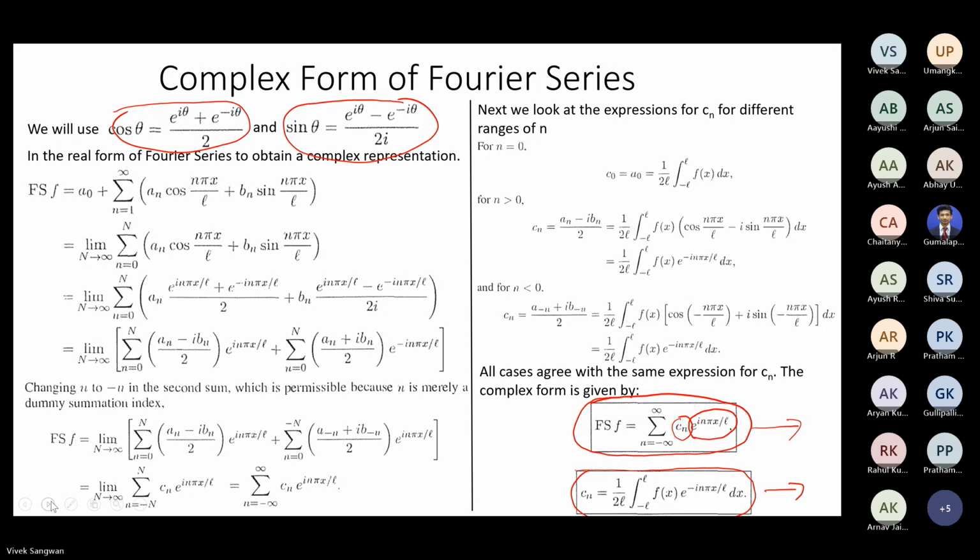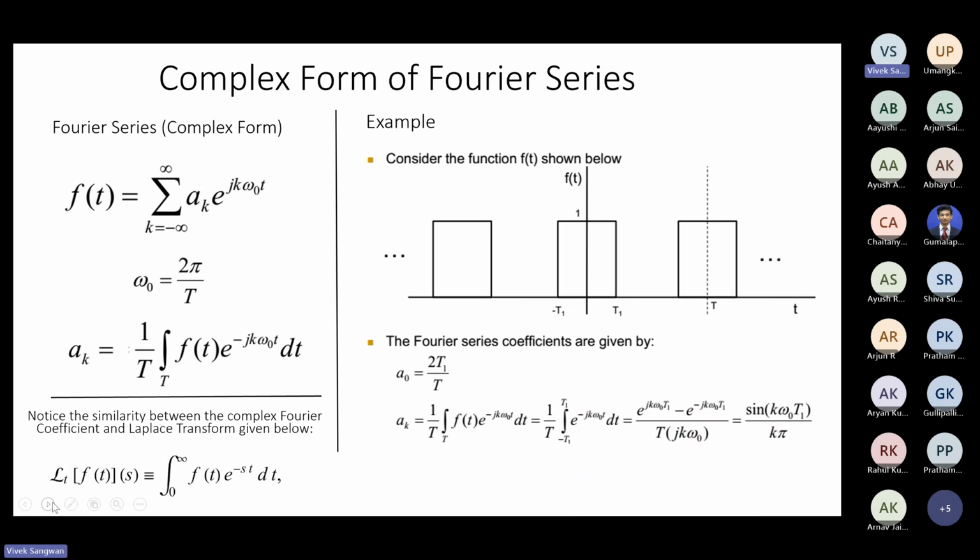And then there was an example that you can work out, and I tried to point out the striking similarity between the Laplace transform and the formula for the coefficient of Fourier series. If you think of Fourier series as a Fourier series transform, then these coefficients are the transformed quantity, similar to the Laplace transform, where the function of s is the transformed quantity.